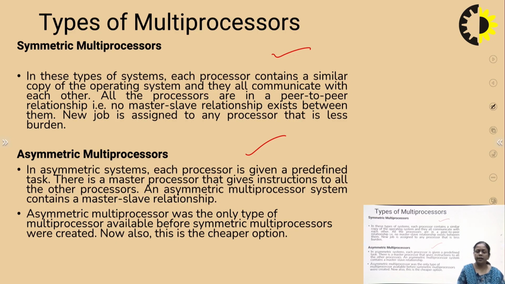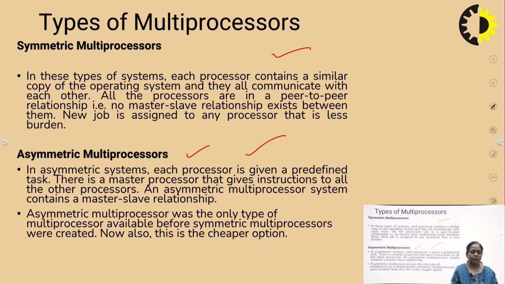But in the case of the asymmetric multiprocessor, we have a master-slave relationship. What it means is, there is one processor which is the master and the other processors are slaves. The master processor can give instructions to the different slave processors. So when a job comes, the master will decide which slave processor will complete this job.